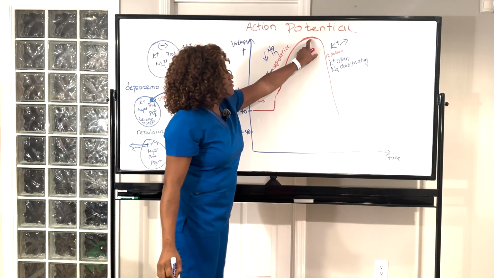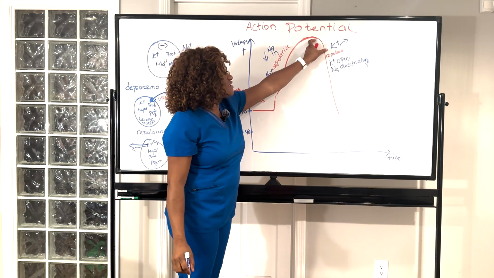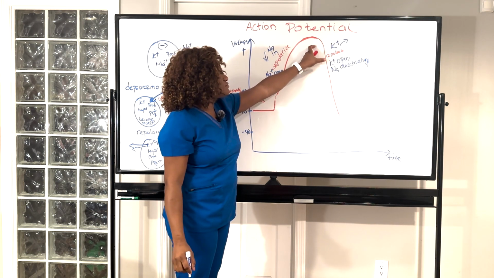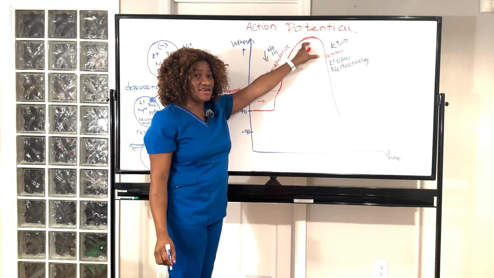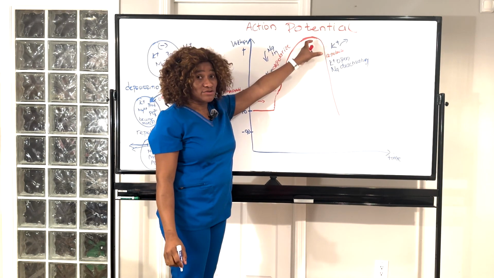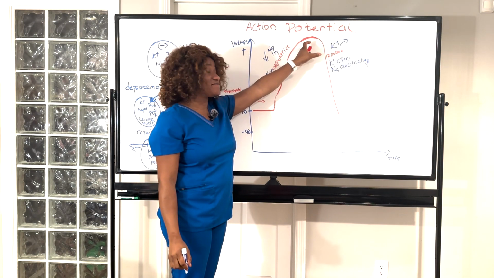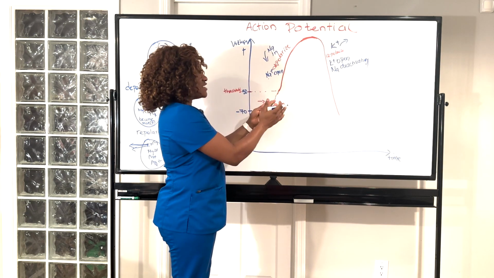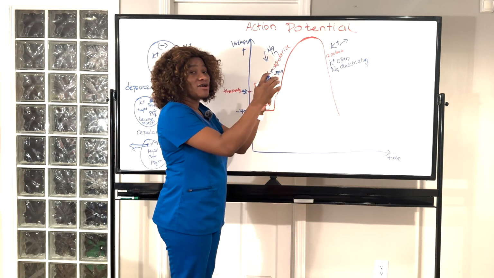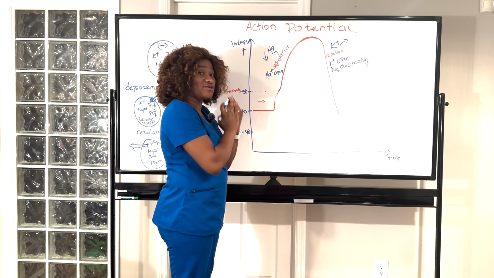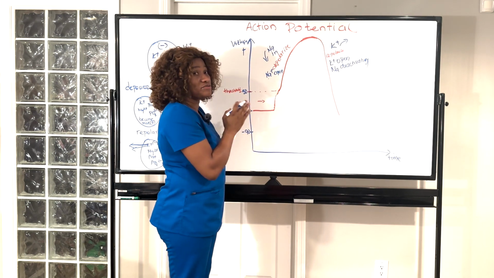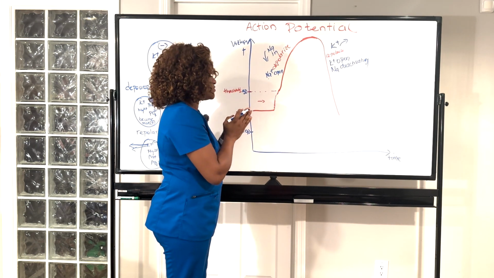So right here, our potassium channels start opening and the sodium channels are deactivating. That is the absolute refractory period, because the potassium is trying to push out while the sodium is trying to close itself.